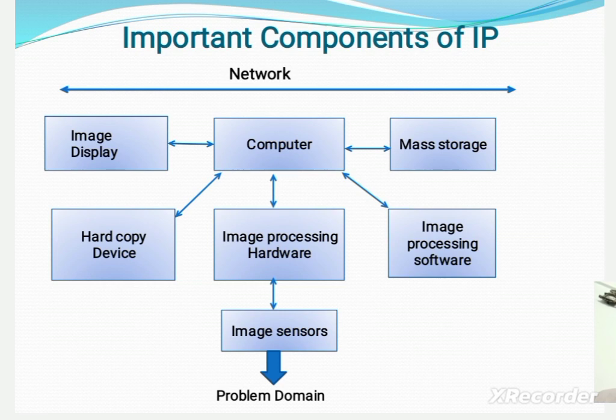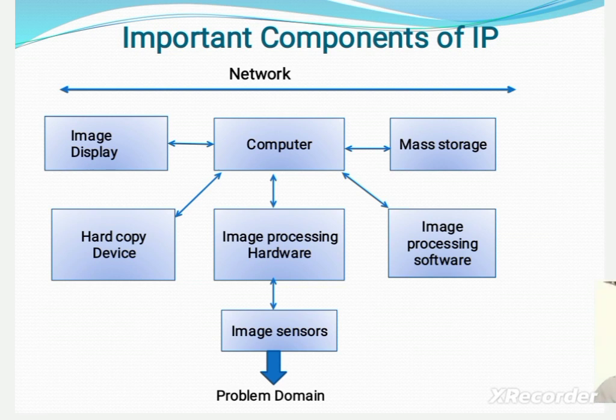And what will image processing hardware do? It is the hardware that is used to process the instructions obtained from the image sensors. Whatever instructions are obtained from the image sensor will be processed by the image processing hardware. From that, it will be given to the general purpose computer, or whatever it may be, laptop or anything, whatever you are using.